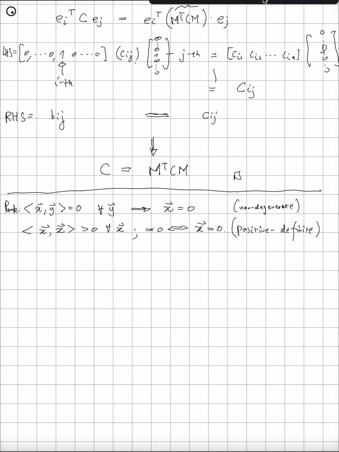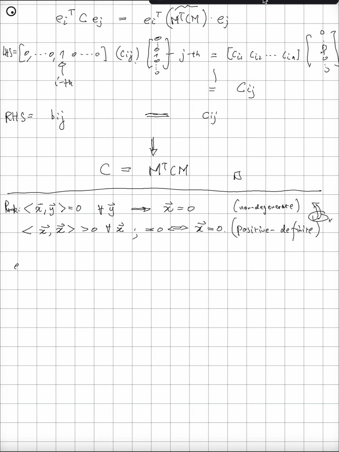So this positive definite would imply this non-degenerate, right? Because if your bilinear form with all the vectors is 0, in particular with yourself it is 0, so it must be 0, right? But this direction is not true, right?